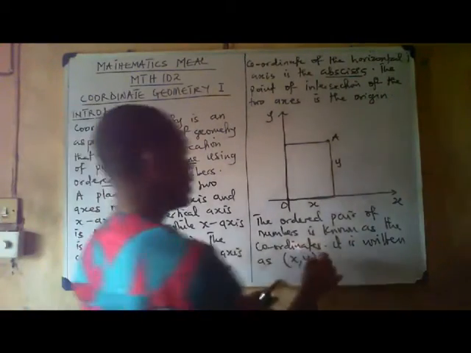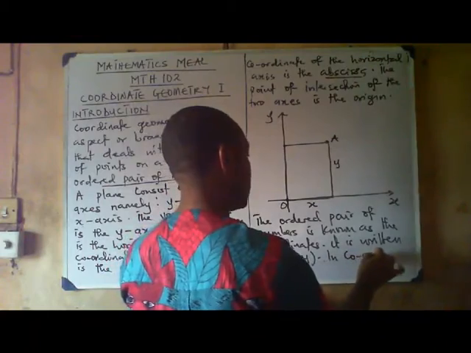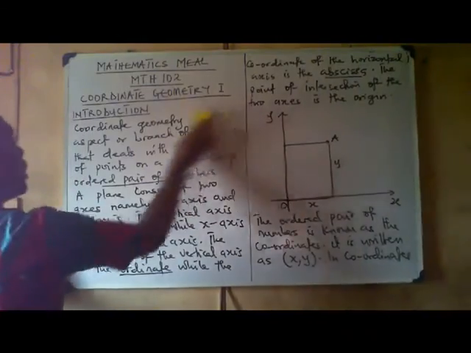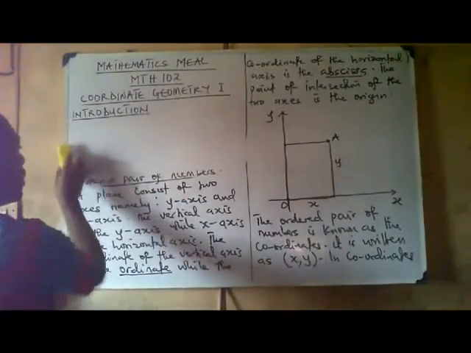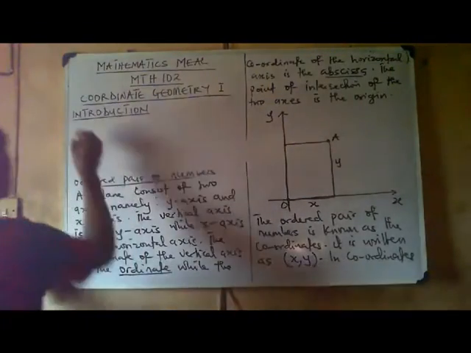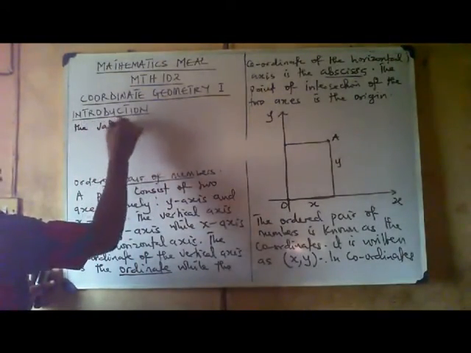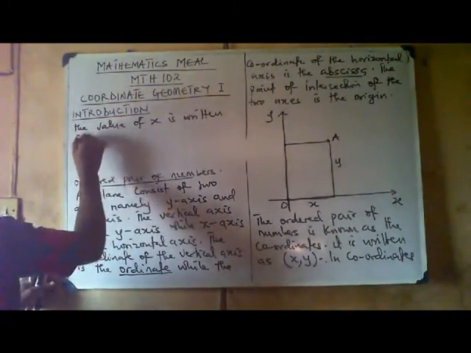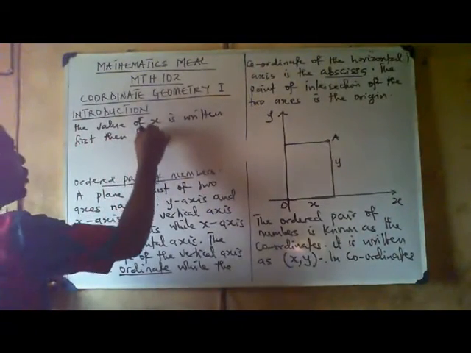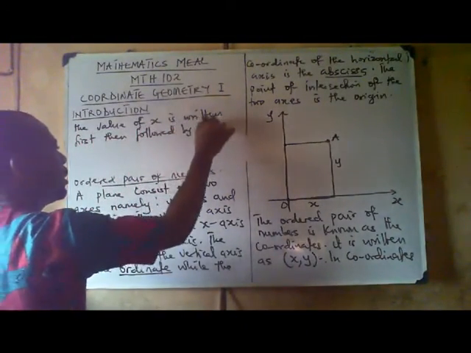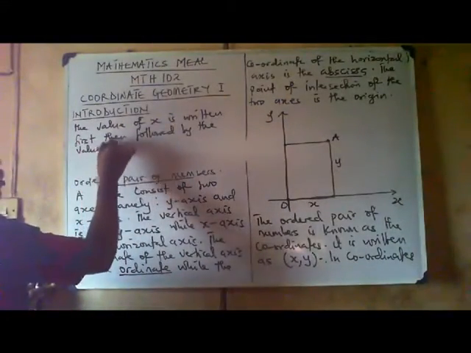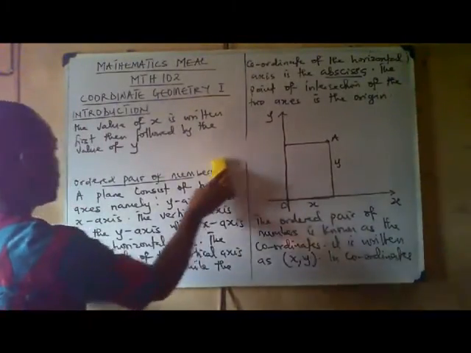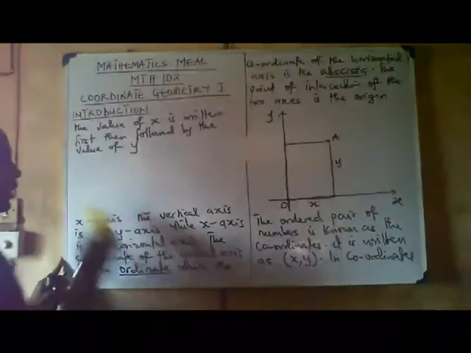So in coordinates, the value of the abscissa is written first before the value of the ordinate, that's the coordinate on the vertical axis.